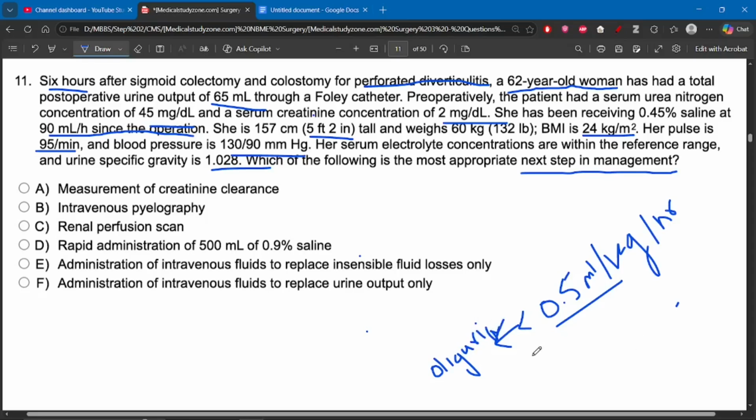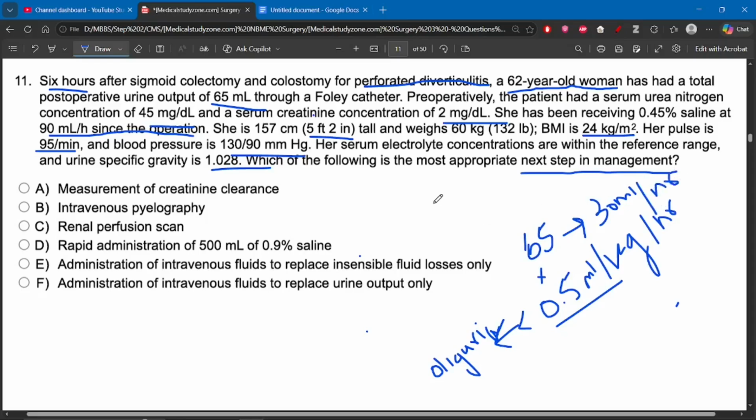Okay. Now, if we were to calculate this woman's minimum urine output, we would say that 0.5 should be multiplied by 65, so this would be around 30 ml per hour.